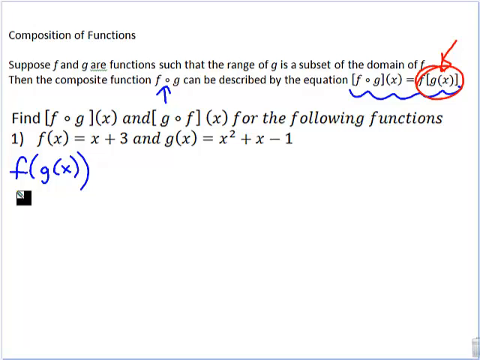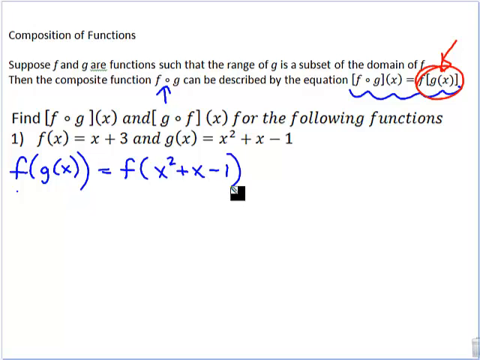What that tells us is that for every time we see our x value here for f, we're going to substitute in our whole entire g function. The way you saw this before, it would have been written out this way for you: f of x squared plus x minus 1. And you would have taken this entire function and plugged it in for your x values over here. The difference is I'm not telling you the x squared plus x minus 1.